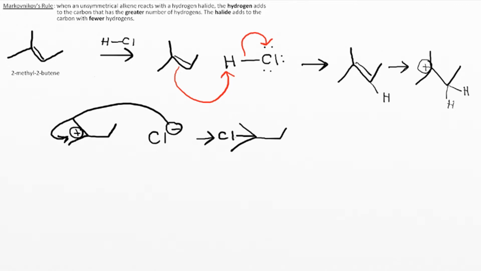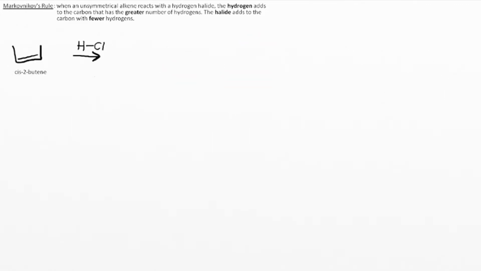Let's do another example. Let's take a look at this molecule. We've got cis-2-butene reacting with HCl. Let's look at the molecule and focus on the double bond. We've got one double bond right in the middle of the molecule, and let's look at how many hydrogens are attached.